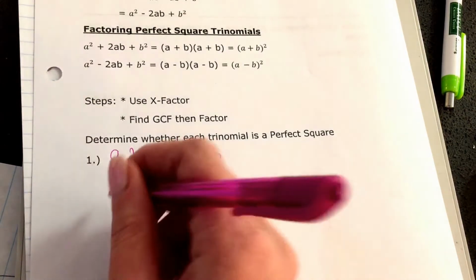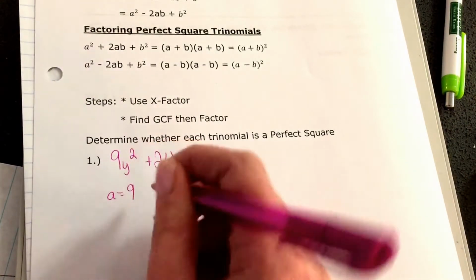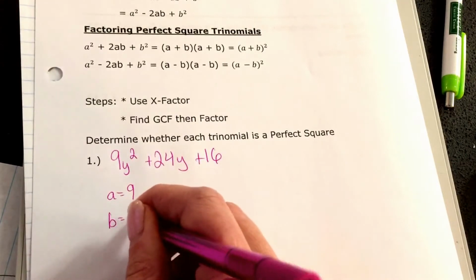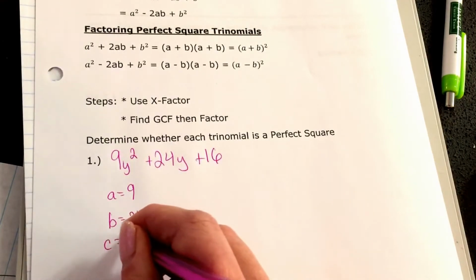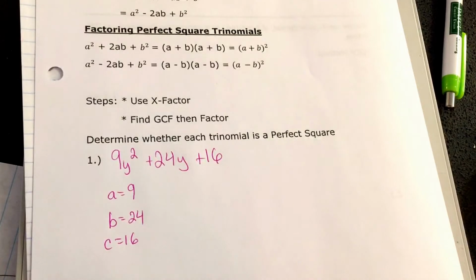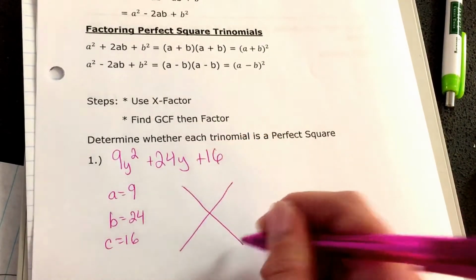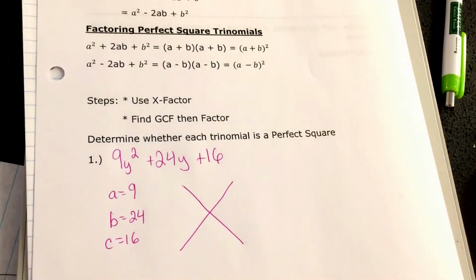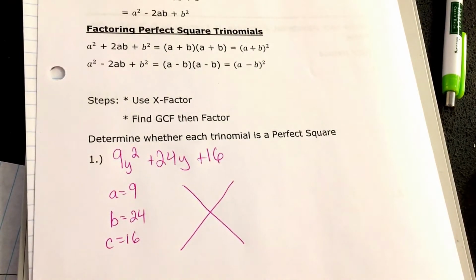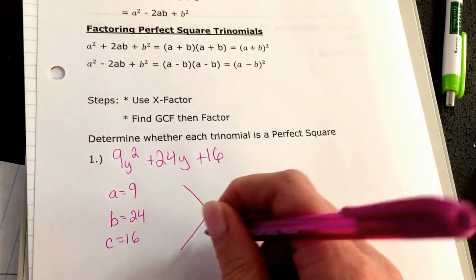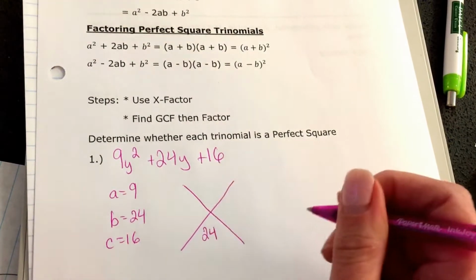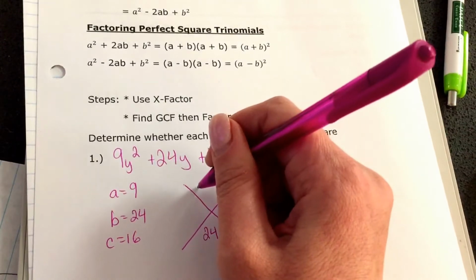So I have a equals 9, b equals 24, c equals 16. All right, so we're going to do my little x factor here. 9 times 16 is what? 144?